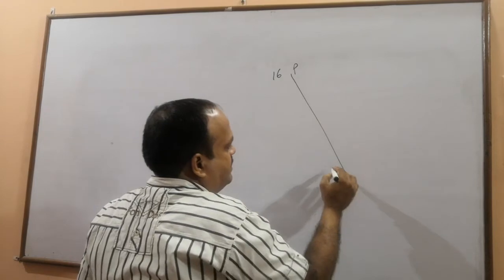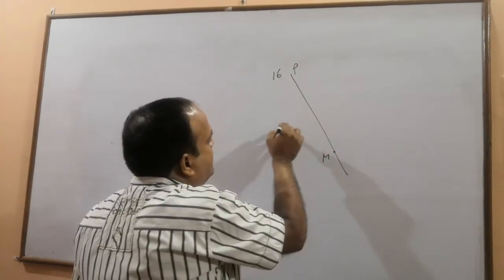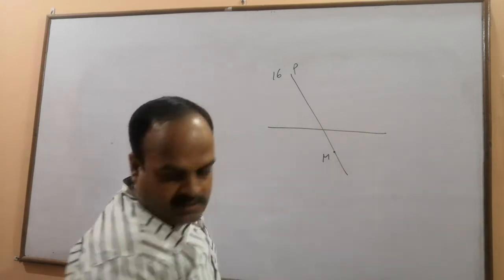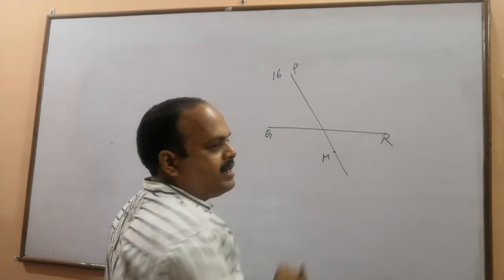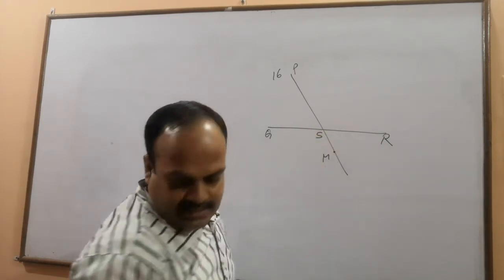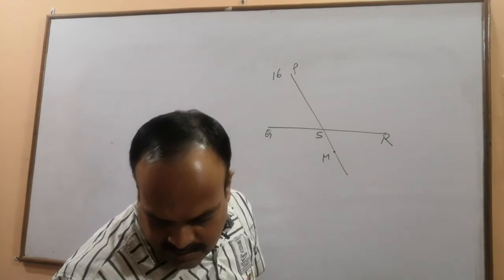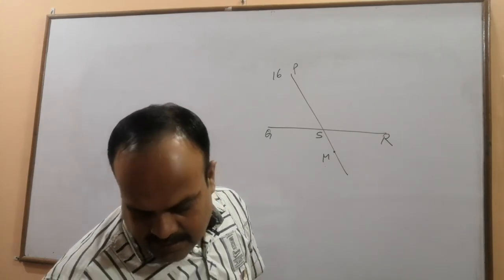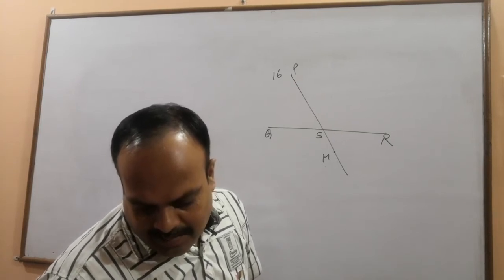This is P and here M. This is Q, R, this point is S, given that PS is median and QL and RM are perpendiculars.